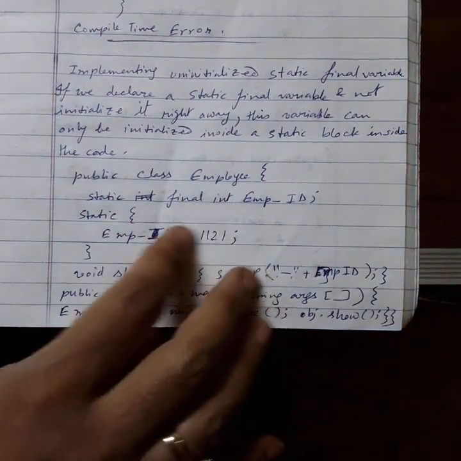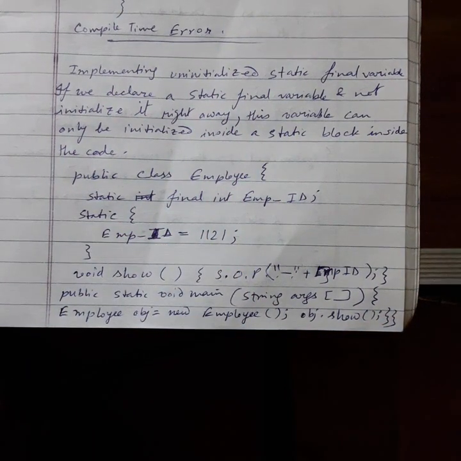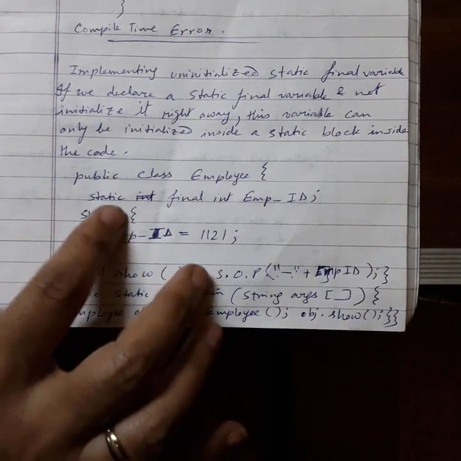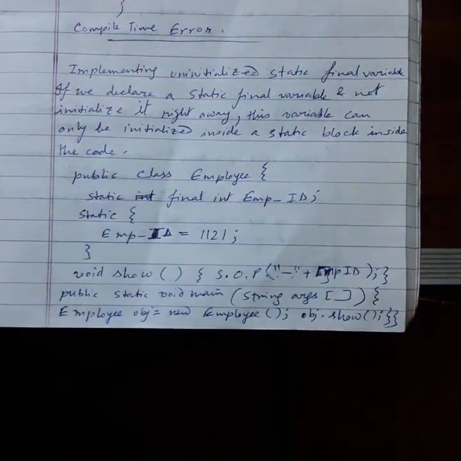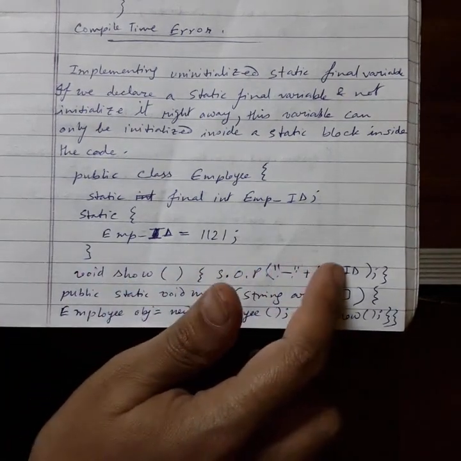So this value gets initialized when the code runs. On loading in memory, instantly this block gets executed and the value initialized. And we have a method here displaying this value.